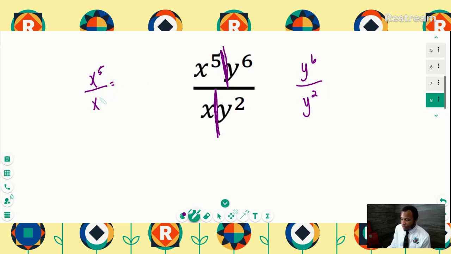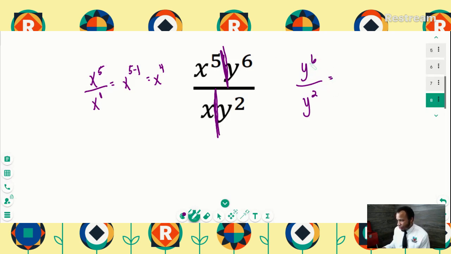Even though there's no exponent written on the x, there's an understood 1. So we have x to the power of 5 minus 1, which gives us x to the 4th power. So we have this as part of our answer, and I'll leave it there for now.